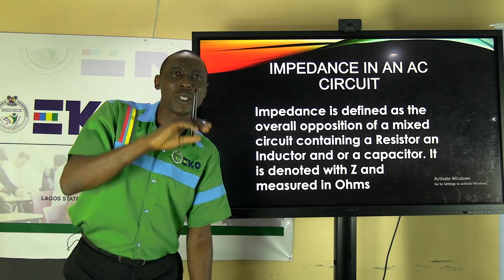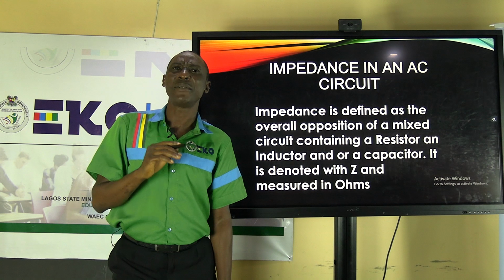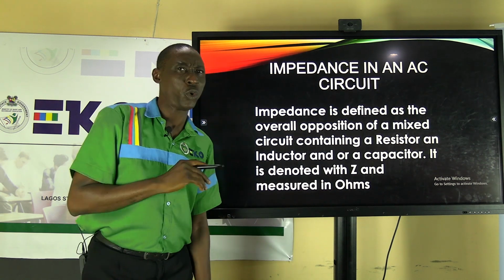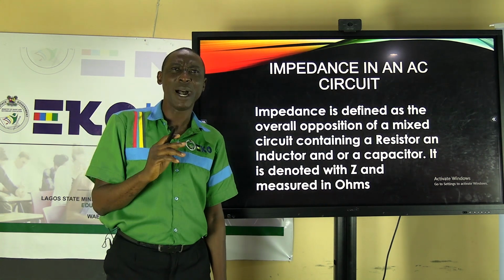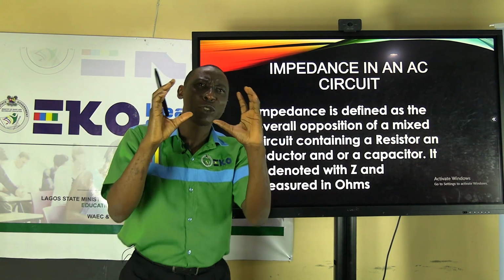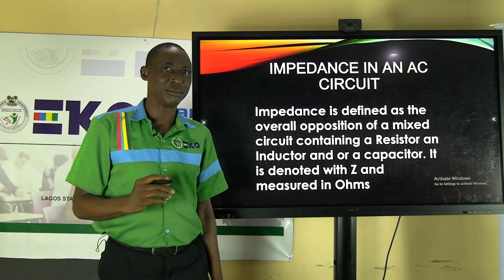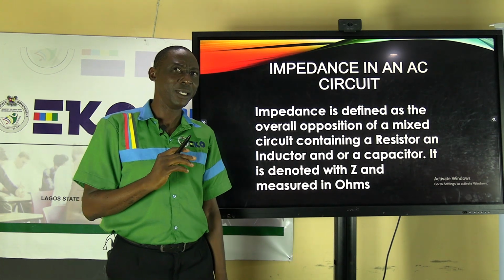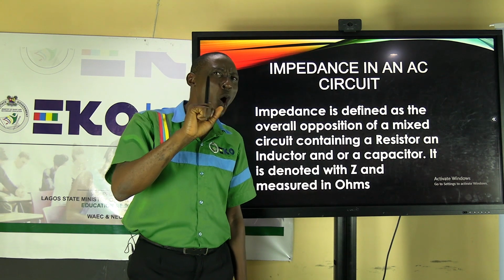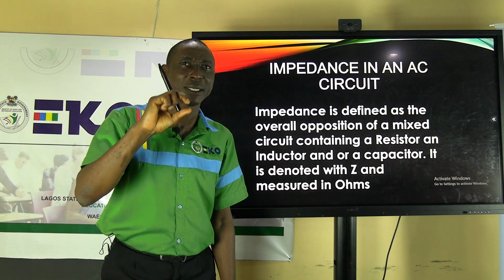We have reactance of a capacitor and we have reactance of an inductor. However, when we talk about two or more oppositions joined together, it forms impedance. I'll repeat that again. When you have two or more oppositions joined together, it is referred to as impedance.